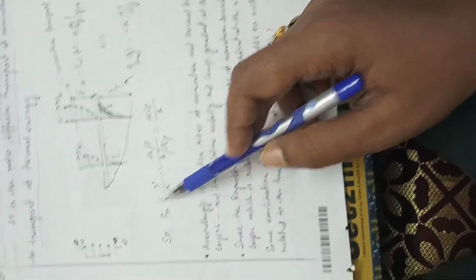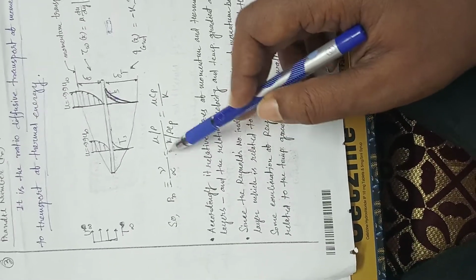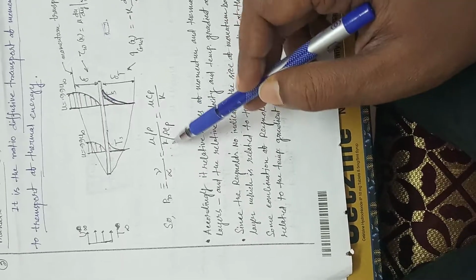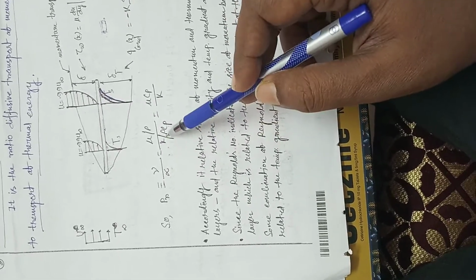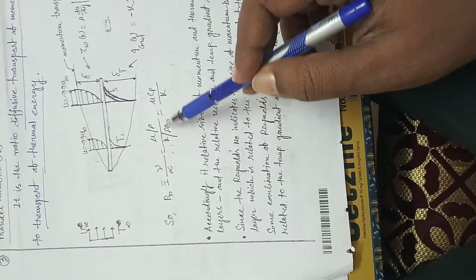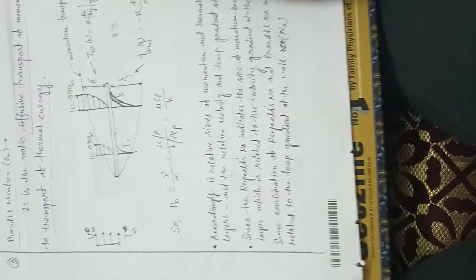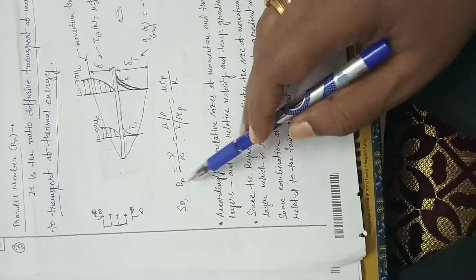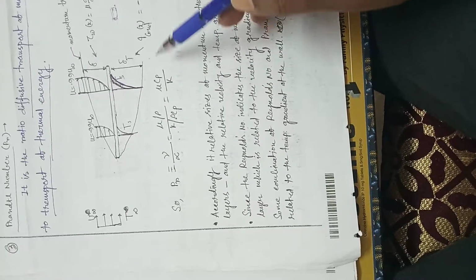So this nu by alpha can be changed to mu by rho, since nu equals mu by rho, and alpha is defined by K by rho Cp. Cp is the specific heat coefficient, and K is the thermal conductivity. So ultimately we get mu Cp by K. So the Prandtl number is defined by mu Cp by K, which is very important for analysis of convective heat transfer.